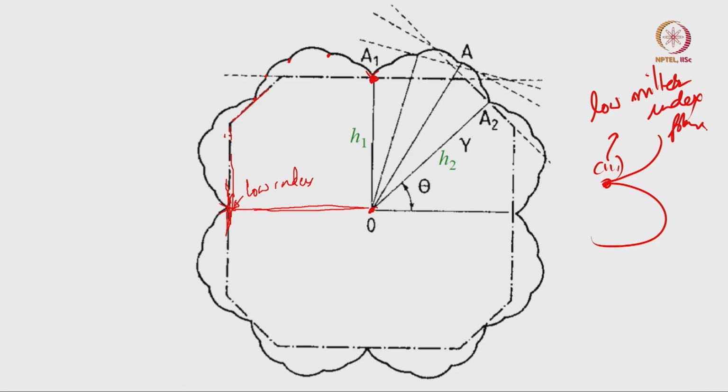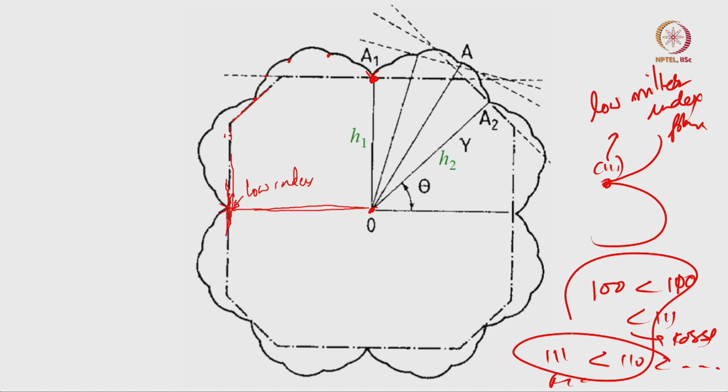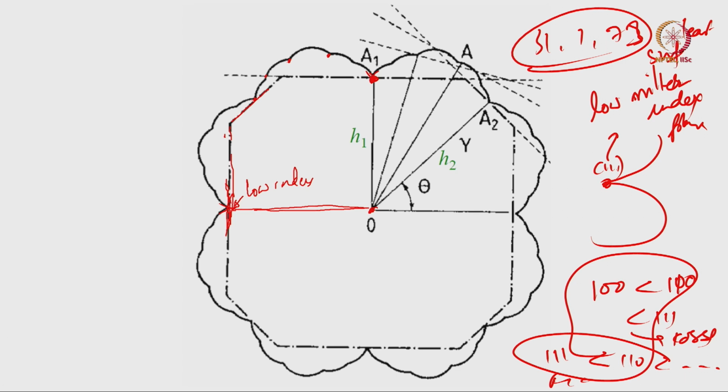We saw that: 1 0 0 less than 1 1 0 less than 1 1 1 for BCC crystal, for FCC 1 1 1 less than 1 1 0 less than, and so on. But these are all low Miller indices, you will never see 31 1 73 as a plane with the least surface energy. No, this is not possible. This is never seen.